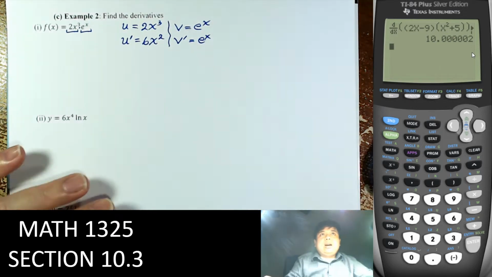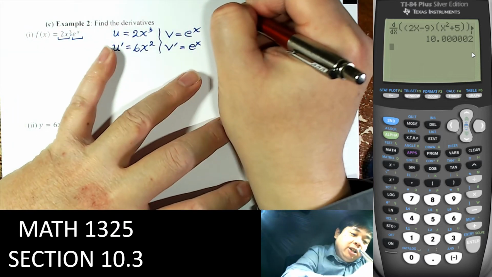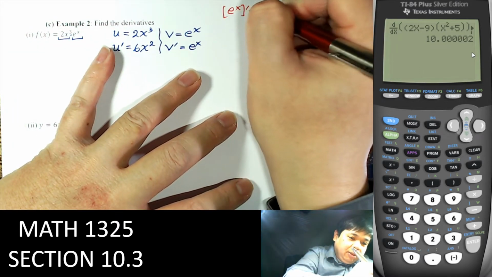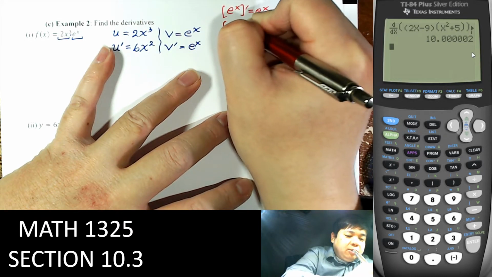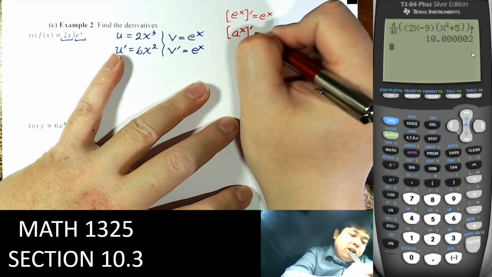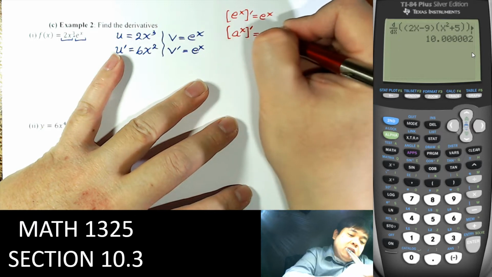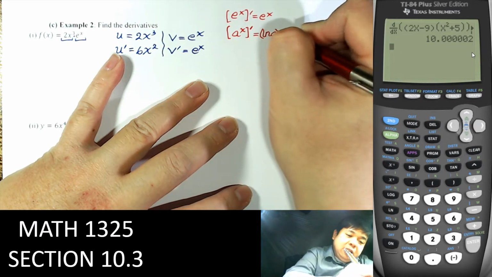Right, now it's a good place to review some basic derivatives. The derivative of e to the x is the same thing. The power rule is, we did a lot of power rule, so I'm not going to write out the power rule. The derivative of some other base, we need to multiply by ln of the base.